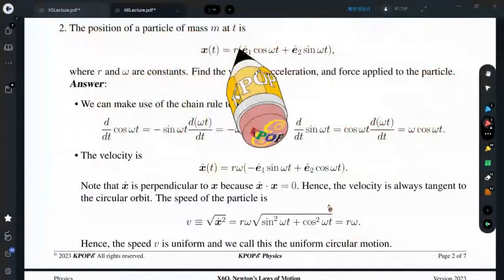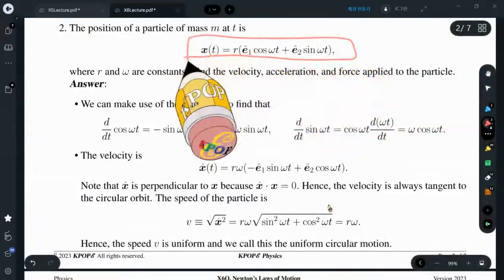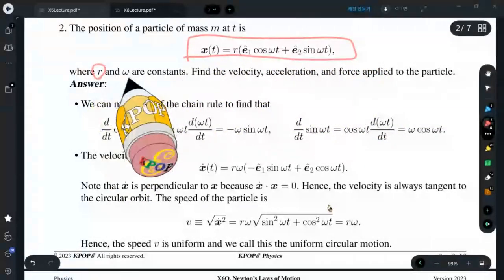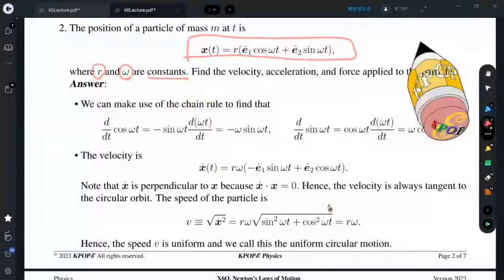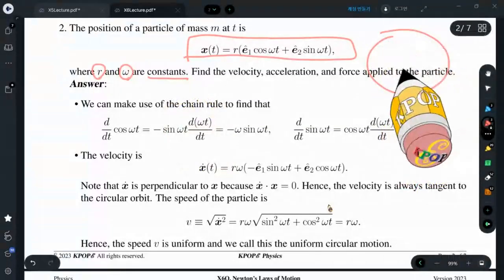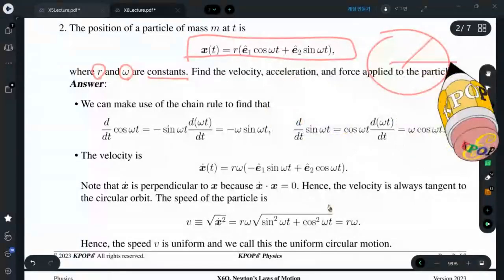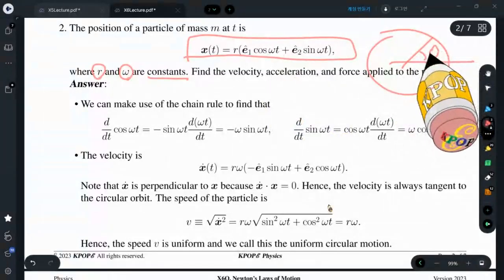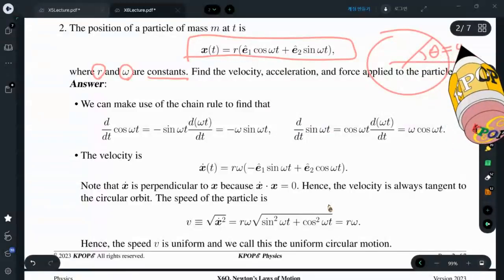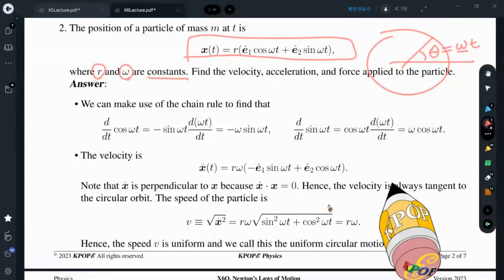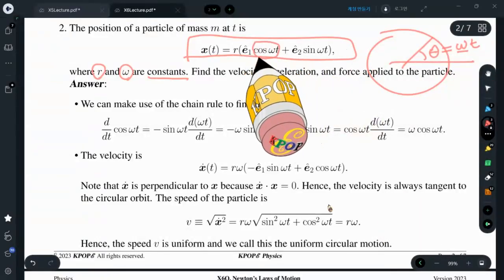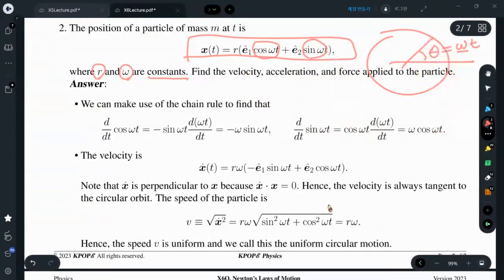The position of a particle is given like that. Here R and omega are constants. Okay, that means it is making a uniform circular motion. Theta equals omega t, and omega is a constant. We can see this cosine theta, sine theta.